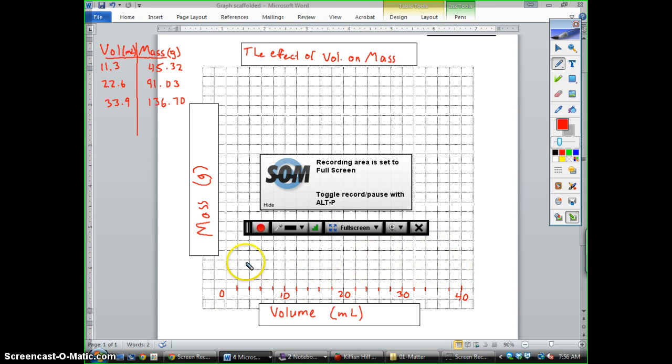All right, and I'm going to do the same thing for the vertical axis. I think I got 20 spaces here, 20 or 21 as well. So I'm going to have to choose a different scale for that graph. Let's see, if I've got 20 spaces, I need to get up to 136 or so, at least that big.